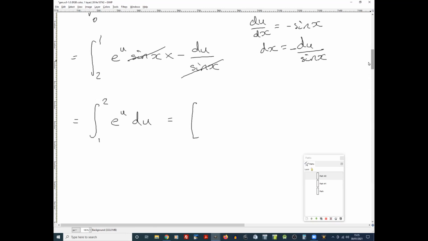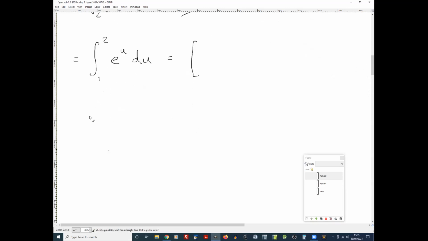You've just forgotten your basic integrals, have you? What's the integral of e to the u? That's e squared, isn't it? No. We're integrating. I think you're still thinking.